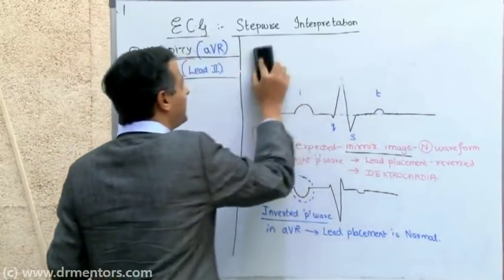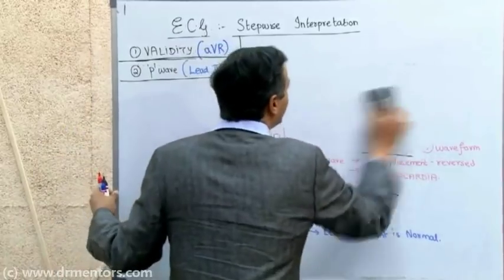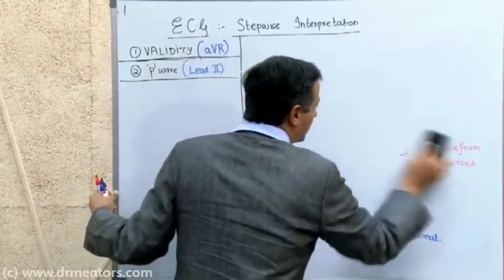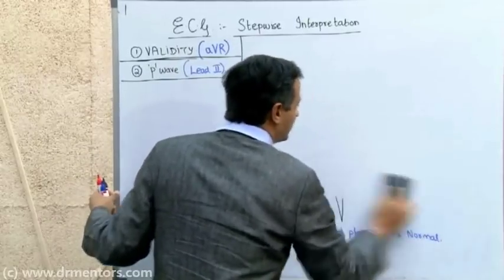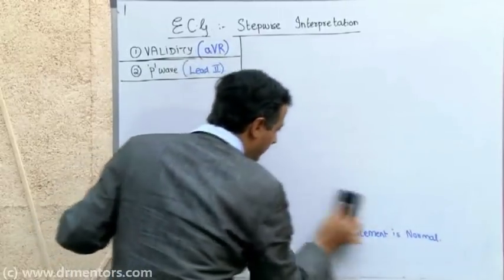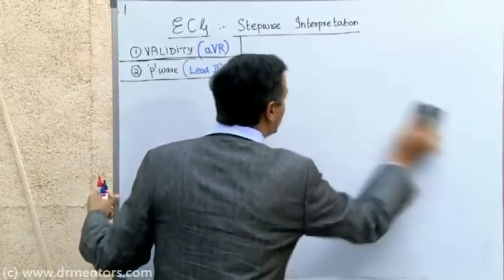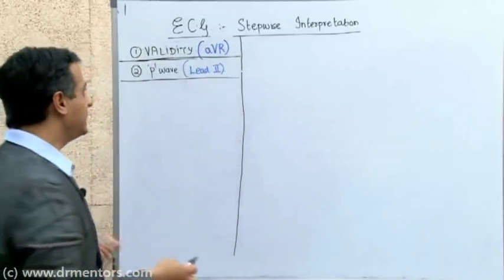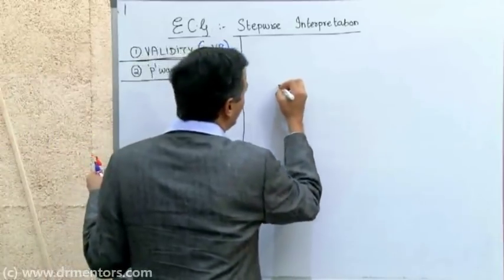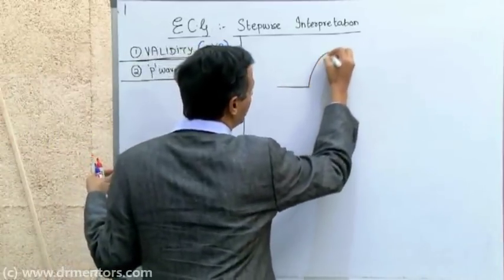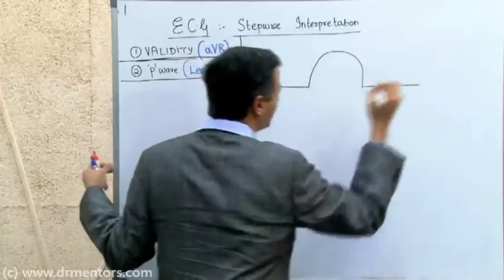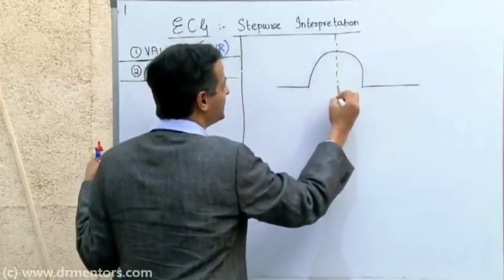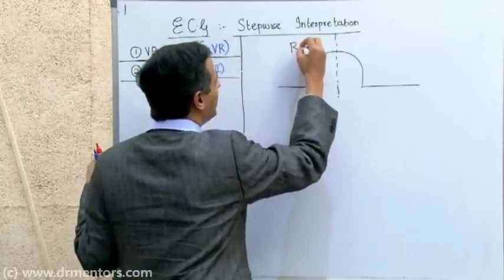So first we are learning what is normal and what is abnormal. Normal P wave in lead 2, how should it look? Let me magnify this P wave for you. The first part of the P wave represents the right atrial contraction.